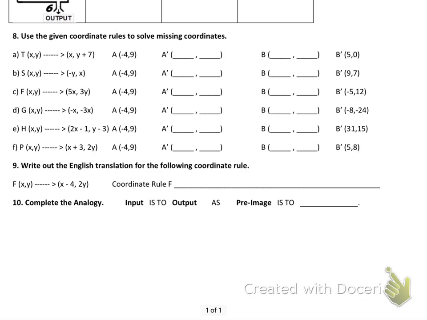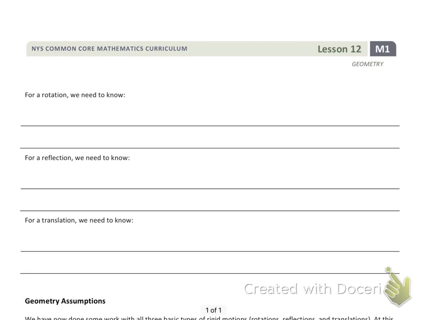So let's write those things down. Here's the actual information that we need. We need to know, first of all, the preimage. Secondly, we need to know the degrees of rotation.